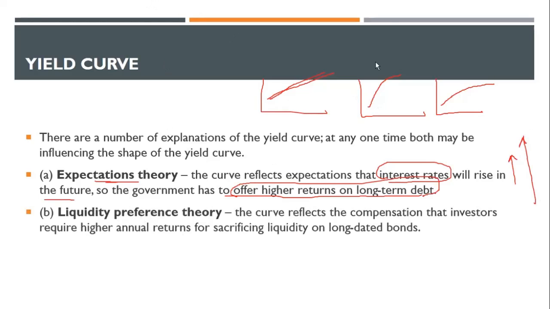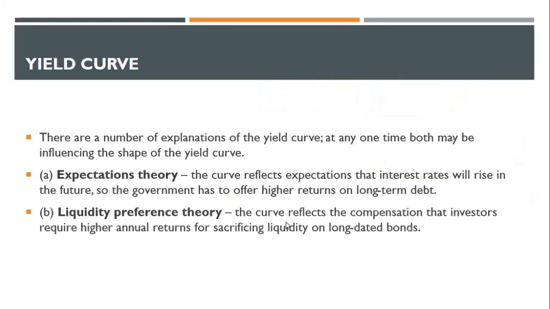Liquidity preference theory. The curve reflects the compensation that investors require, higher annual returns, for sacrificing liquidity on long dated bonds. Listen, liquidity preference theory is a situation in which people prefer to keep cash. There are times of uncertainty. For example, even today, a lot of people have started thinking of not investing anywhere.